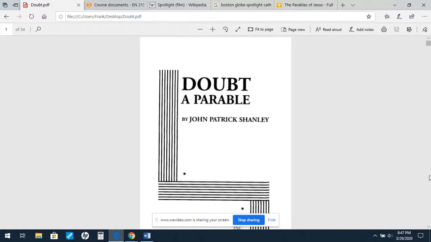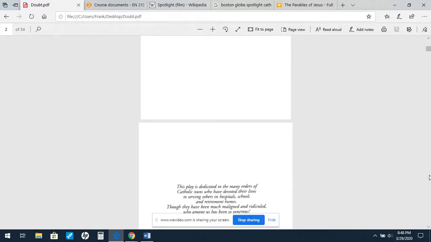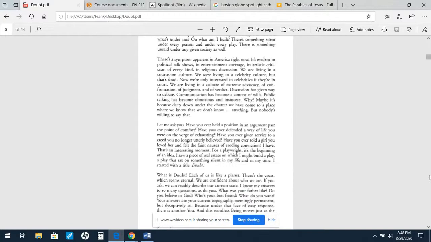And this is something, obviously, that if you were to have watched Doubt, have been an audience member at a live performance of Doubt in 2004, 2005, when it was being first staged off Broadway, you wouldn't have had access to this preface. So this is a readerly edition, and it should be paid attention to.